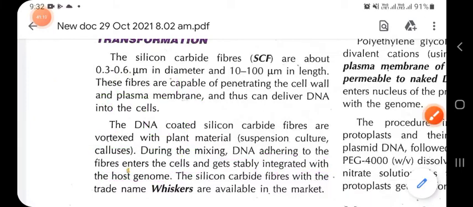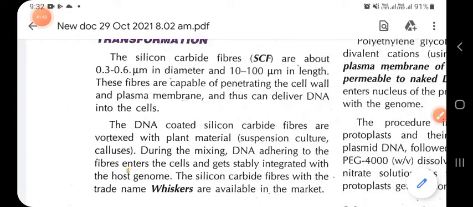Simple thing. We prepare a silicon carbide fiber, and that fiber is coated with our target DNA. Here we use suspension culture, because we are mainly interested in plant biotechnology, where single cells or multicellular clusters are suspended in the liquid medium.